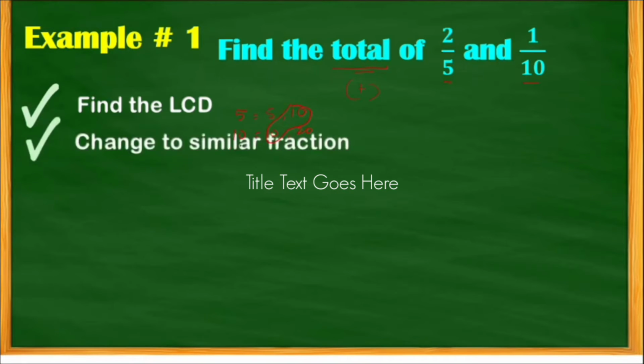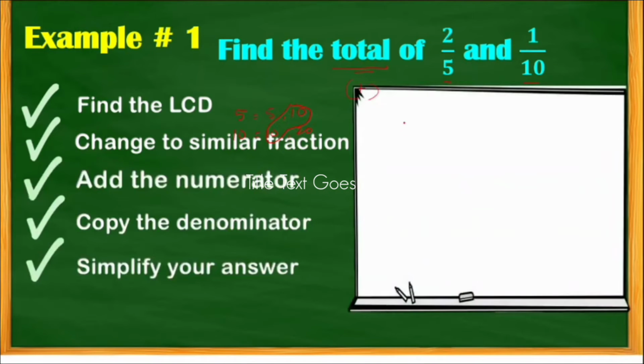Now, change the two fractions to similar fractions. The fractions are 2/5 and 1/10. So the LCD is 10.